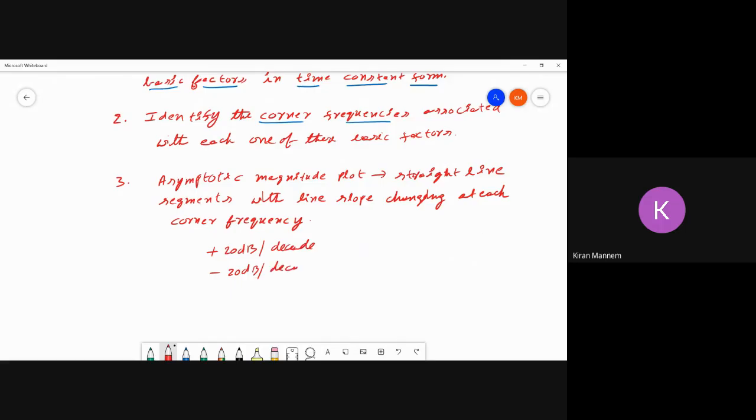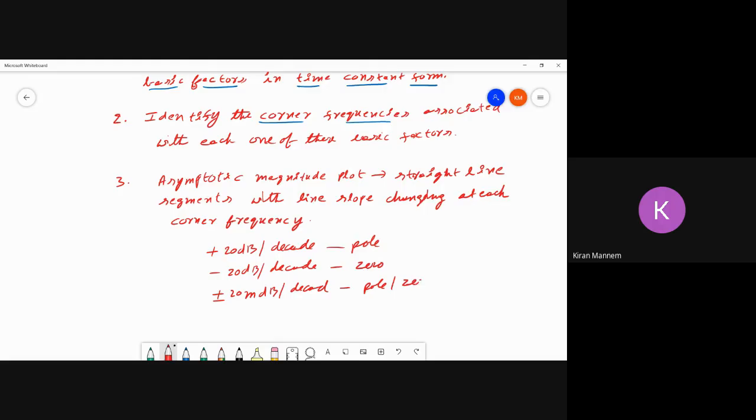So where do you get this? This is for pole at the origin, right? And this is for zero. I'll simply write pole and zero so that it's very easy to remember. And then plus or minus 20 m dB per decade. What is this for?